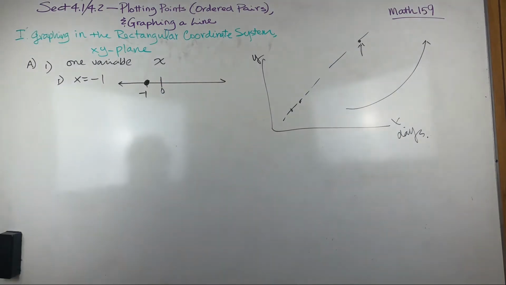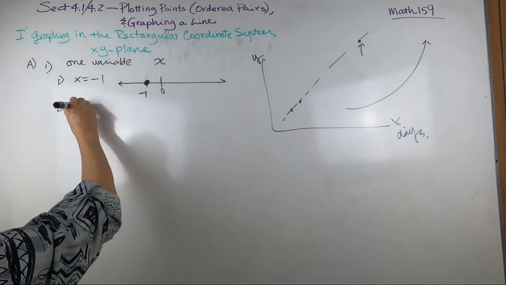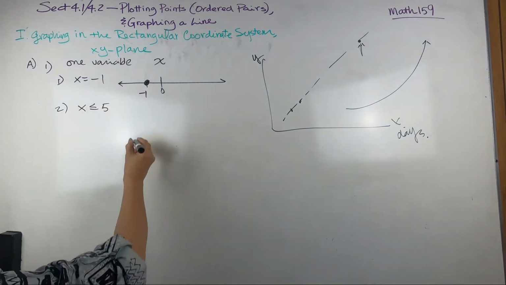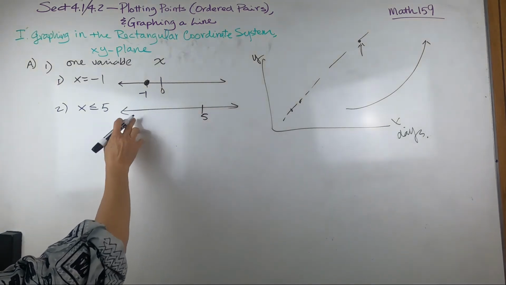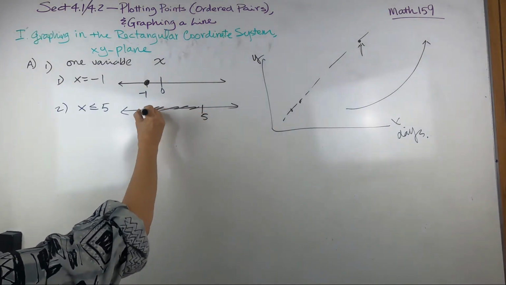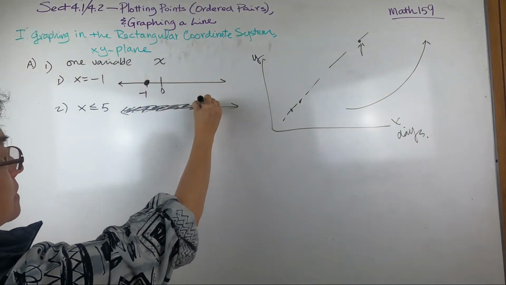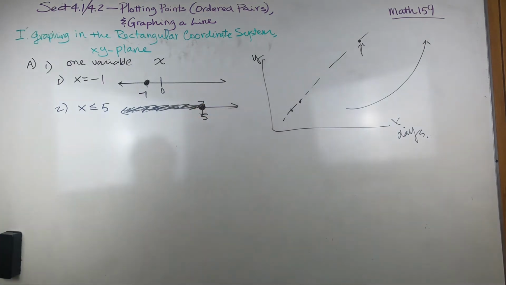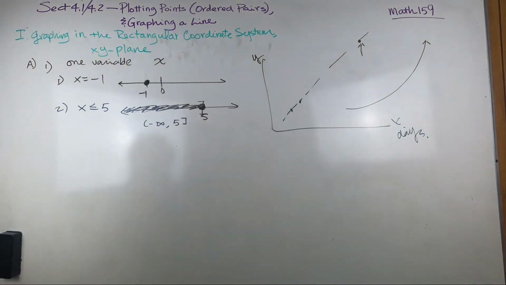So that would be your -1 in the one-dimensional world. If X is less than or equal to 5, so that would be your 5. X is less than or equal to, it goes like here, including your 5. Or you can use a bracket. Then we use interval notation. That would be -infinity to 5 with a bracket. We learned this earlier, right?